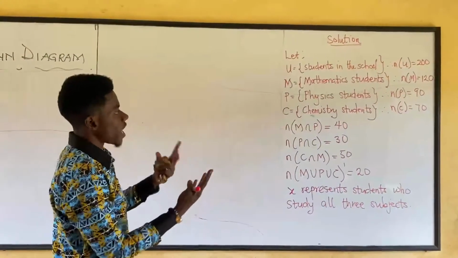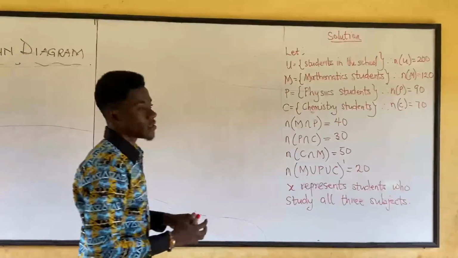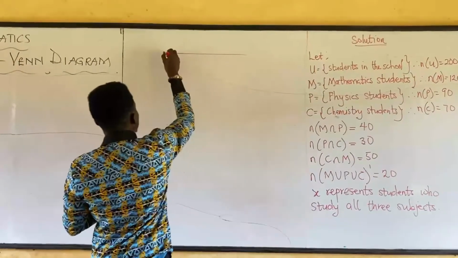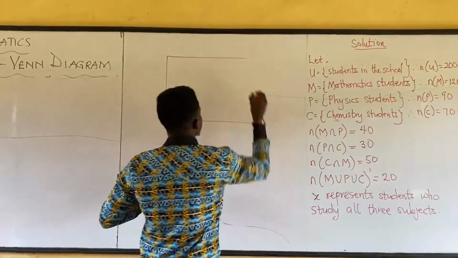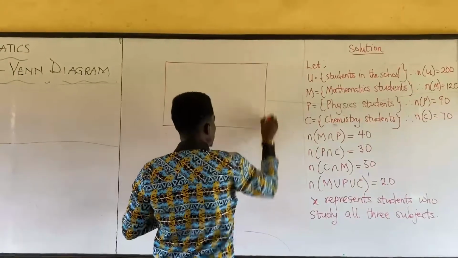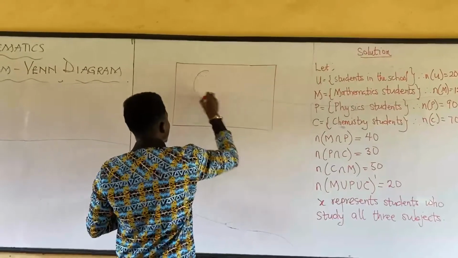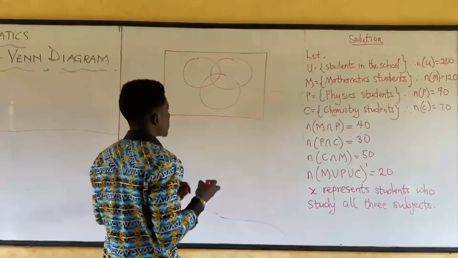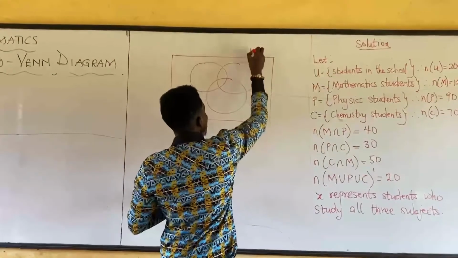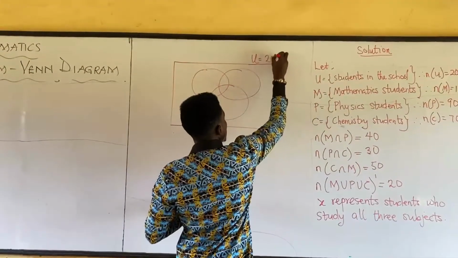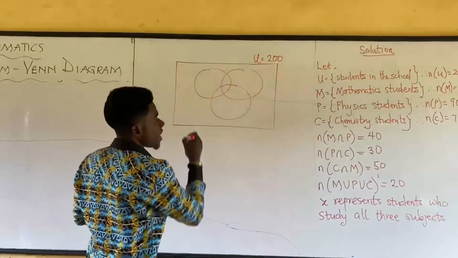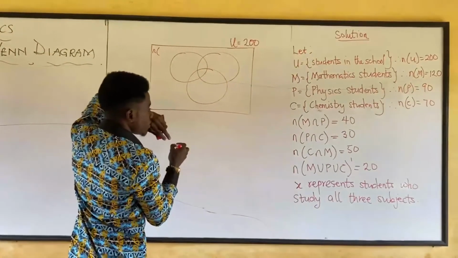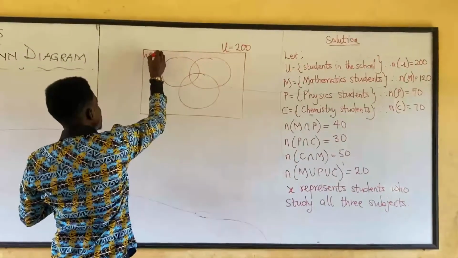So now let's try to represent this information on a Venn diagram. So the universal set is 200, and we are having, so we can denote this over as the mathematics students.